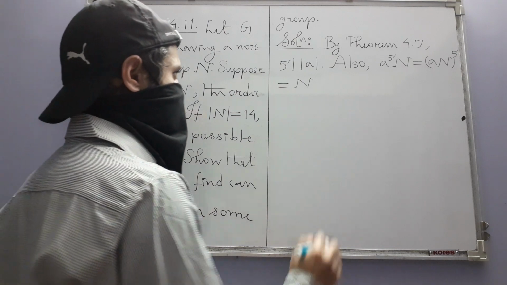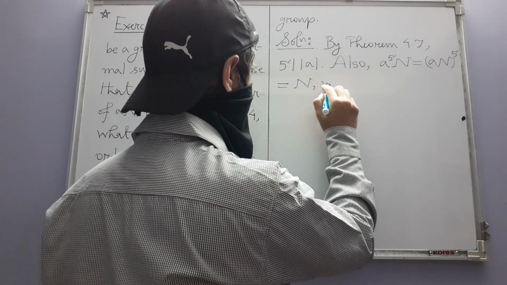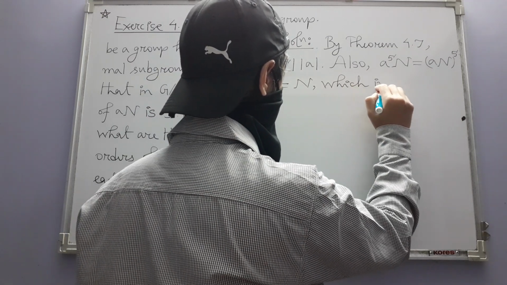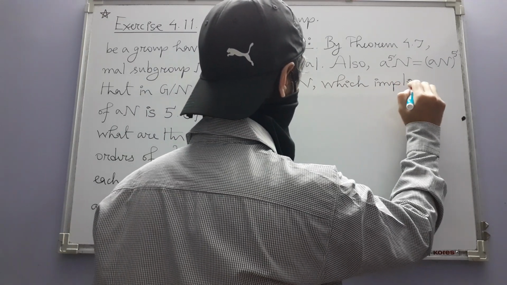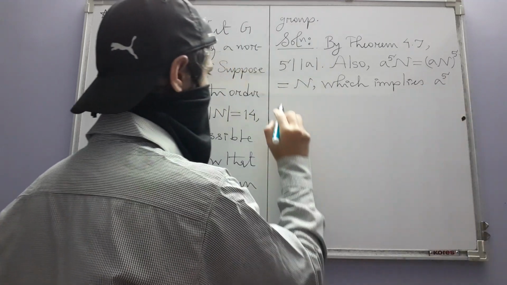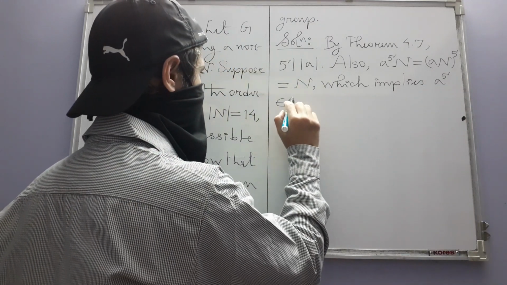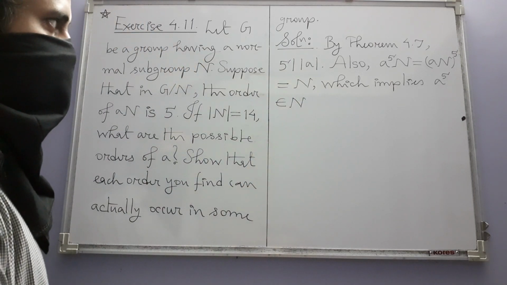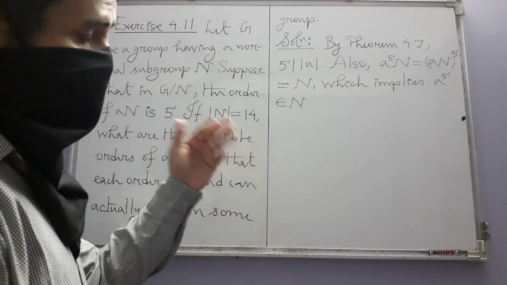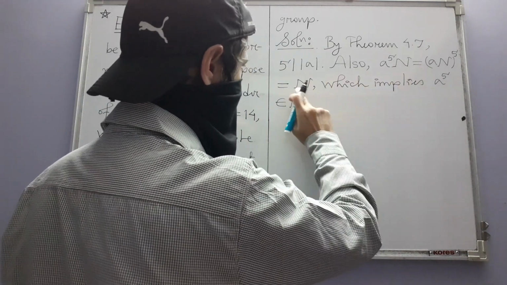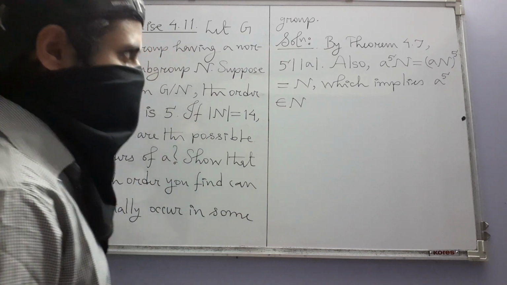Which implies that this power of A, A to the power 5, must belong to N. But okay, why is that so? How does it follow from this that A to the power 5 belongs to N?